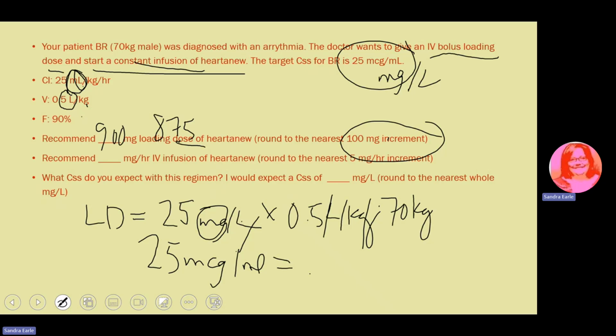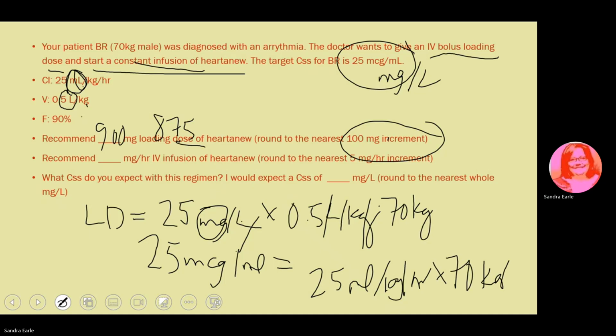So our clearance is 25 milliliters per kilogram per hour, and our patient weighs 70 kilograms, times 70 kilograms to solve for our dose rate.